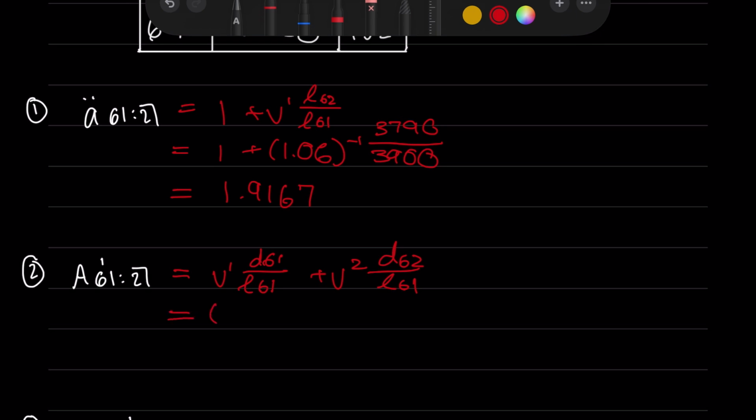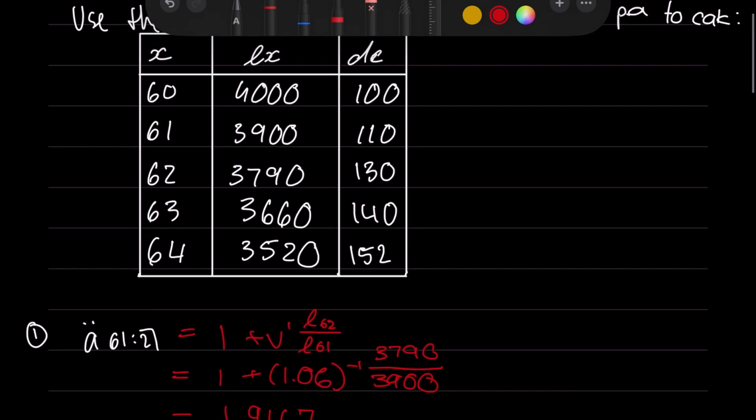And remember, V is the discount factor, I hope you know that by now. And we'll get these values from here.